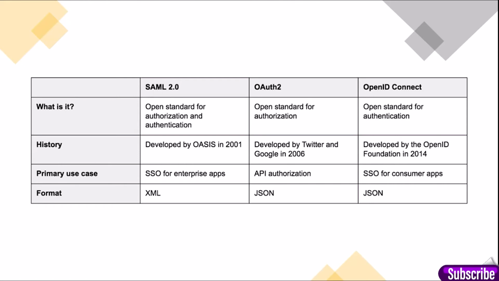Now, the primary use case: SAML is used for SSO for enterprise apps, OAuth is used for API authorization, and OpenID Connect is used for SSO for consumer apps. And the format of SAML is XML, OAuth is JSON, and OpenID Connect is also JSON. So this is pretty simple and easy to understand, the difference between SAML, OAuth, and OpenID Connect.